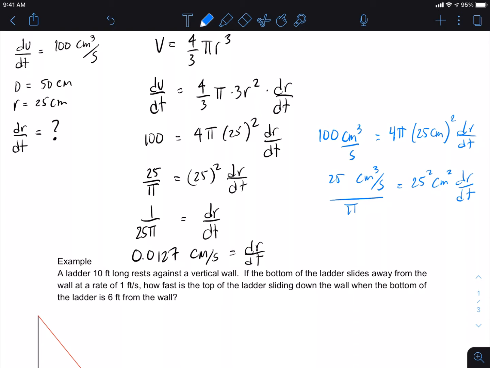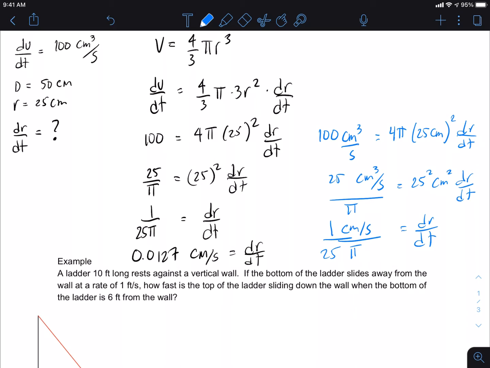So when I divide, I'd get centimeters per second over 25 pi, right? Is my dr dt. And what do we want it to be in? We want it to be centimeters per second, which is exactly what we have.